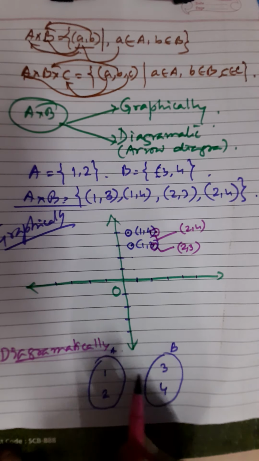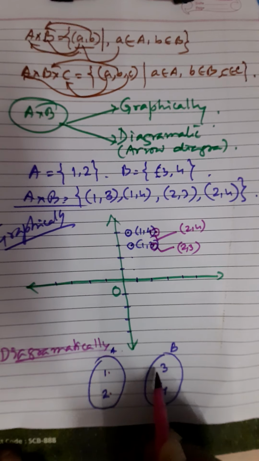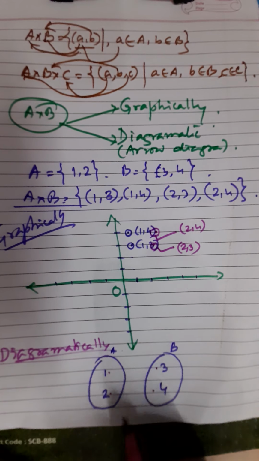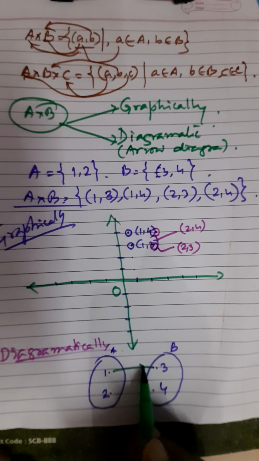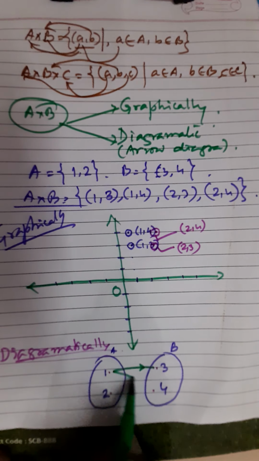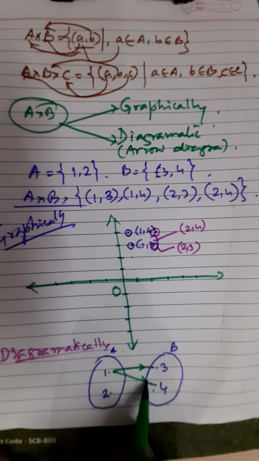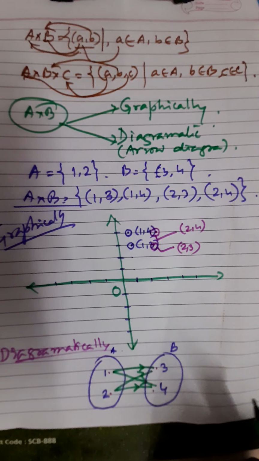Now 1 is related with 3, 1 is associated with 4, 2 is associated with 3, 2 is associated with 4. This is the diagrammatic presentation of A cross B.